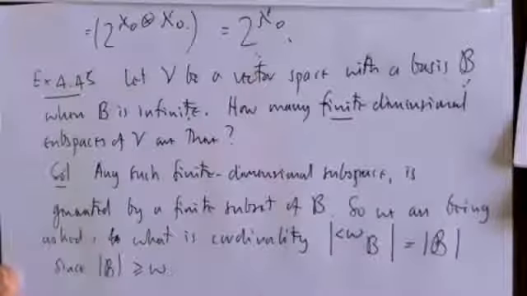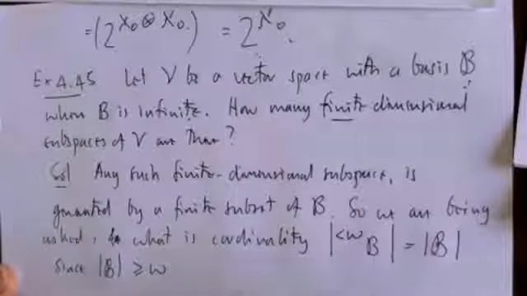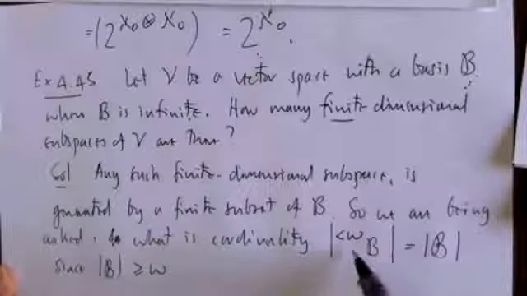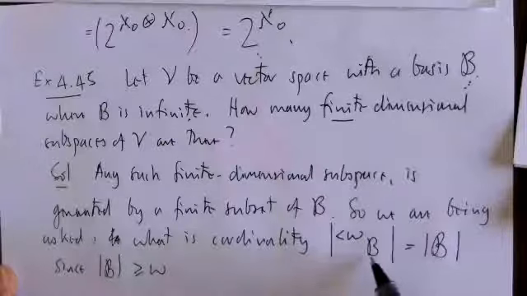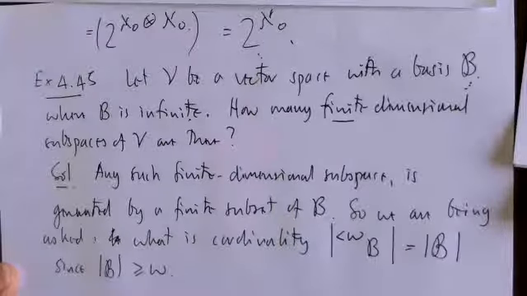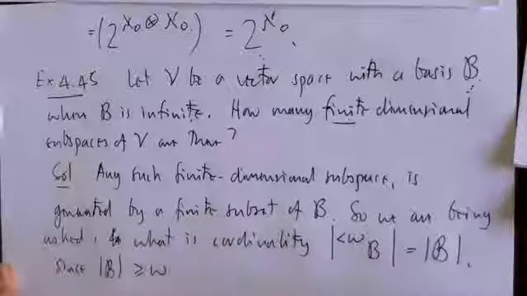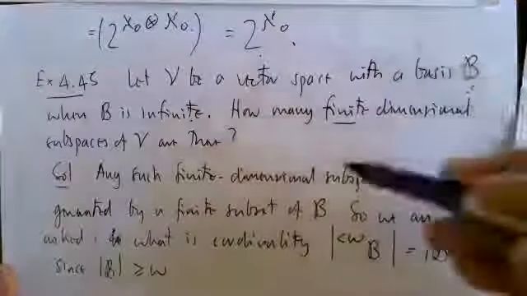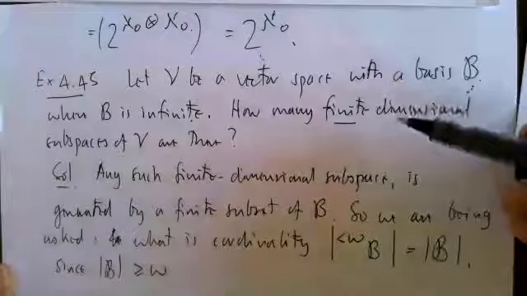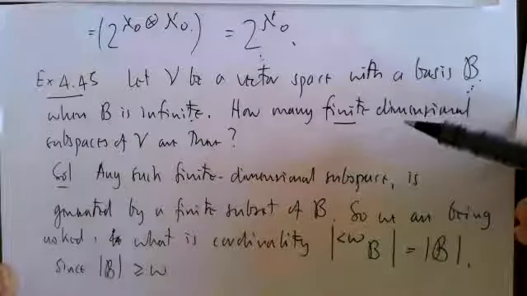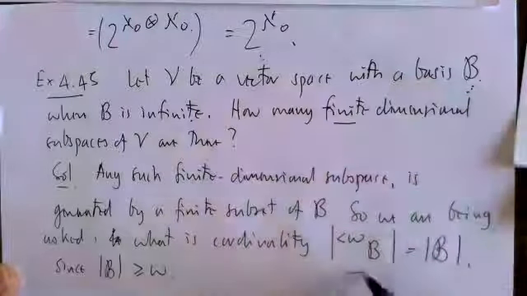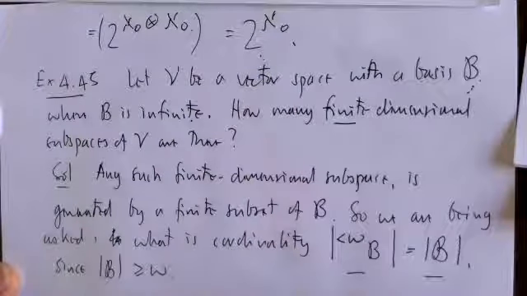So all this comes down to is just looking at the number of finite subsets of B, which is the size of B itself. Right. So it's worded as a question about mathematical vector spaces. In fact, it's a rather simple thing about cardinalities, and there's nothing else to say. Yeah.